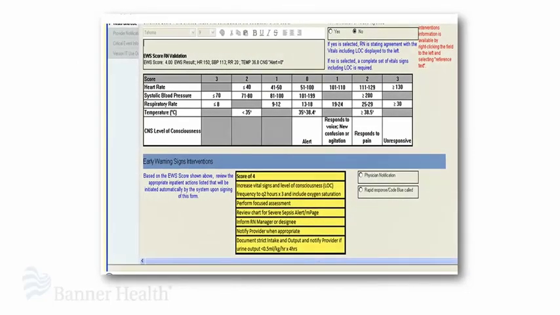A one-time early warning system firing doesn't necessarily indicate that the patient is becoming septic. But, for example, if you follow the interventions, for a score of 4, it would tell you to perform a focused assessment, increase the frequency of the vital signs and level of consciousness, and to notify the physician when appropriate.